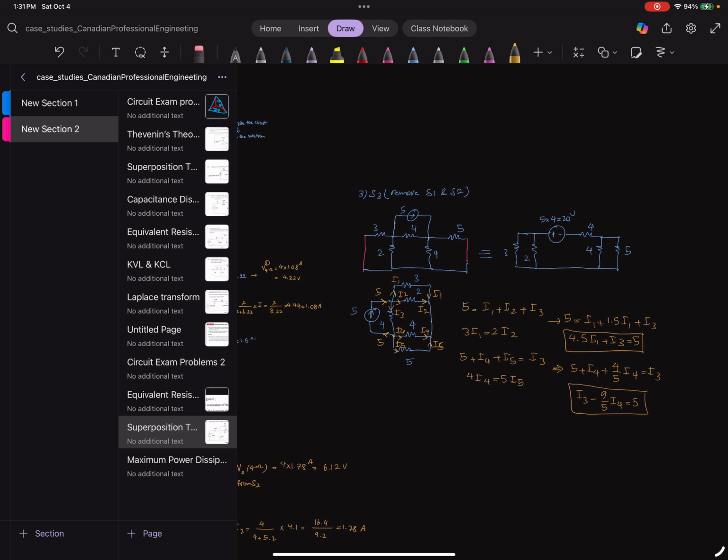We can do a full circle inside here to relate I5 and I. So starting from here, 5I5 minus 3I1 plus 4I3 is 0. We are solving for 5 currents.